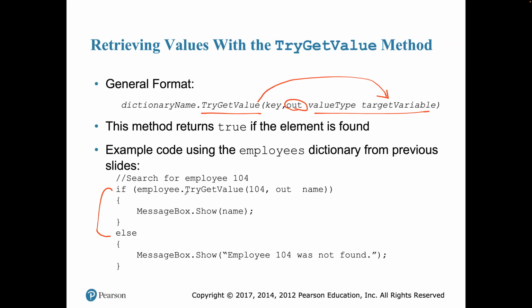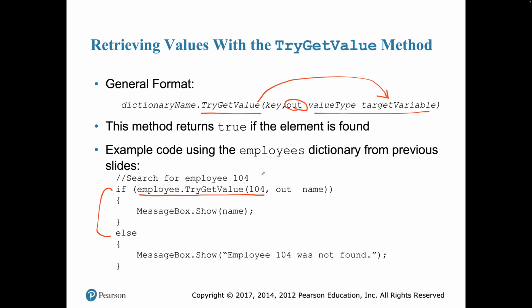So look at this example. In this example, we're trying to find out whether the element contains the key 104.